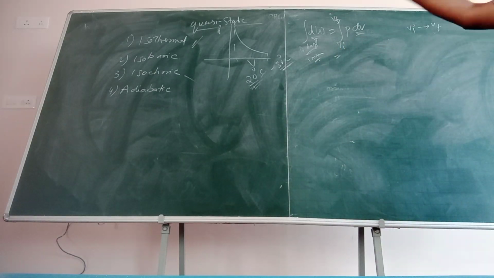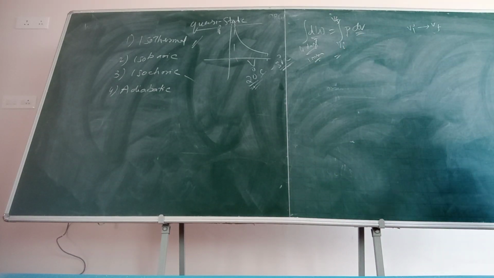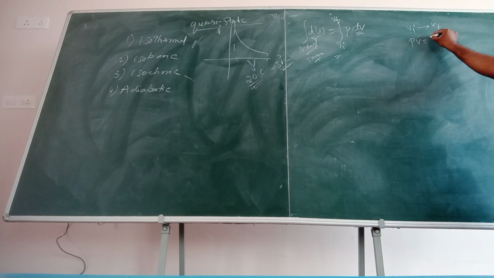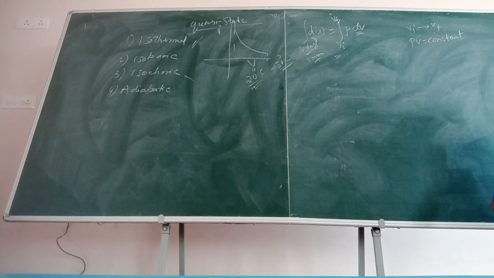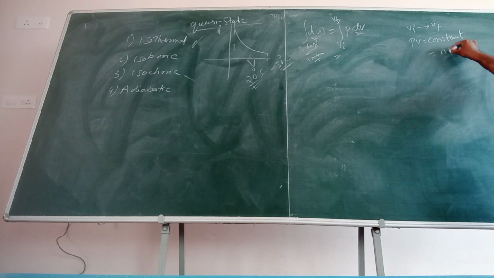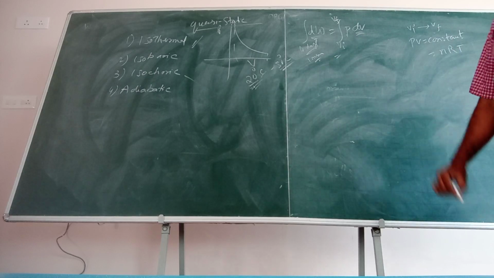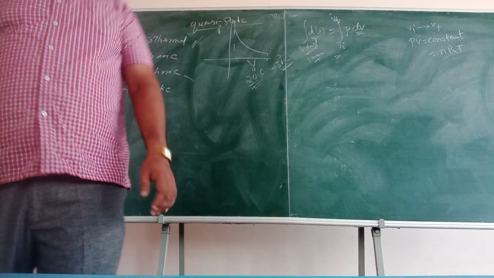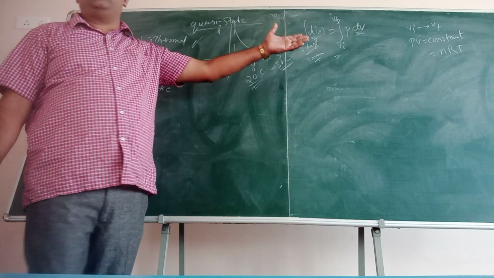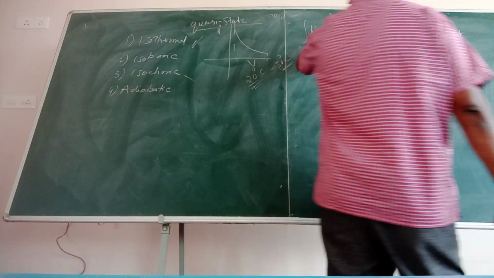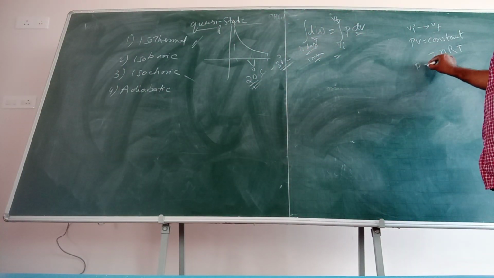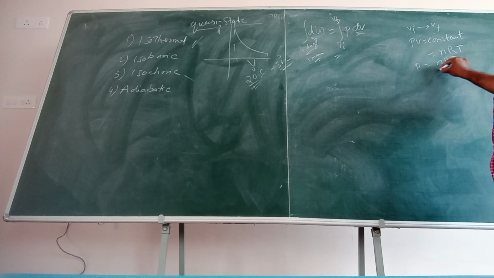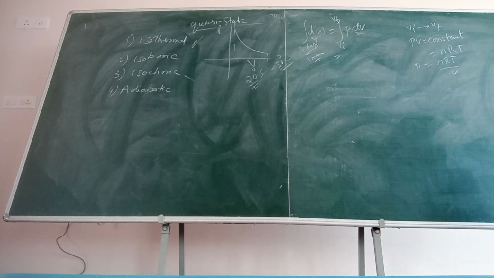So for an isothermal process, I told you that PV is equal to constant. Remember? PV is equal to constant. What is the gas equation? It is nRT, right? Obviously we are dealing with ideal gases, so PV is equal to nRT. So I will write this P as nRT by V. Can I write it like that?